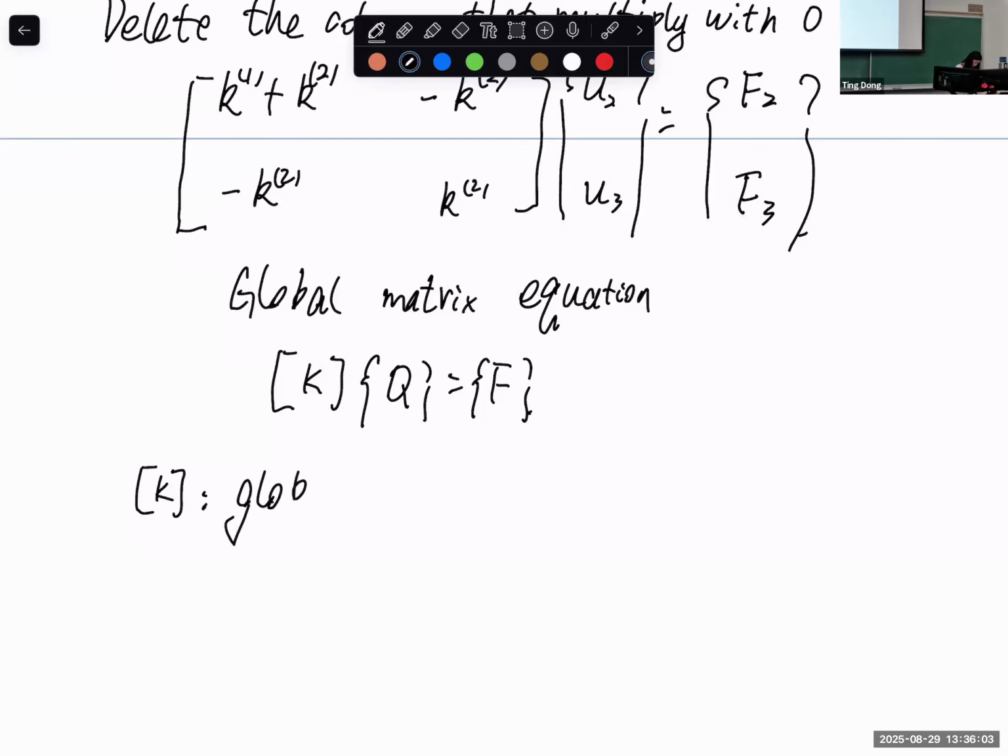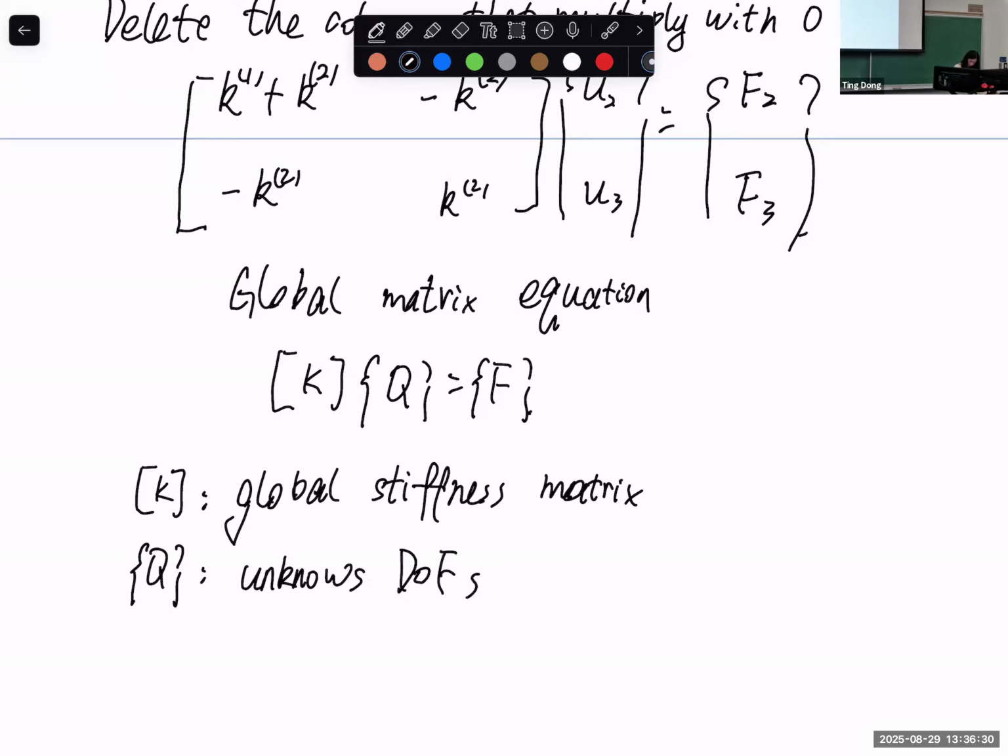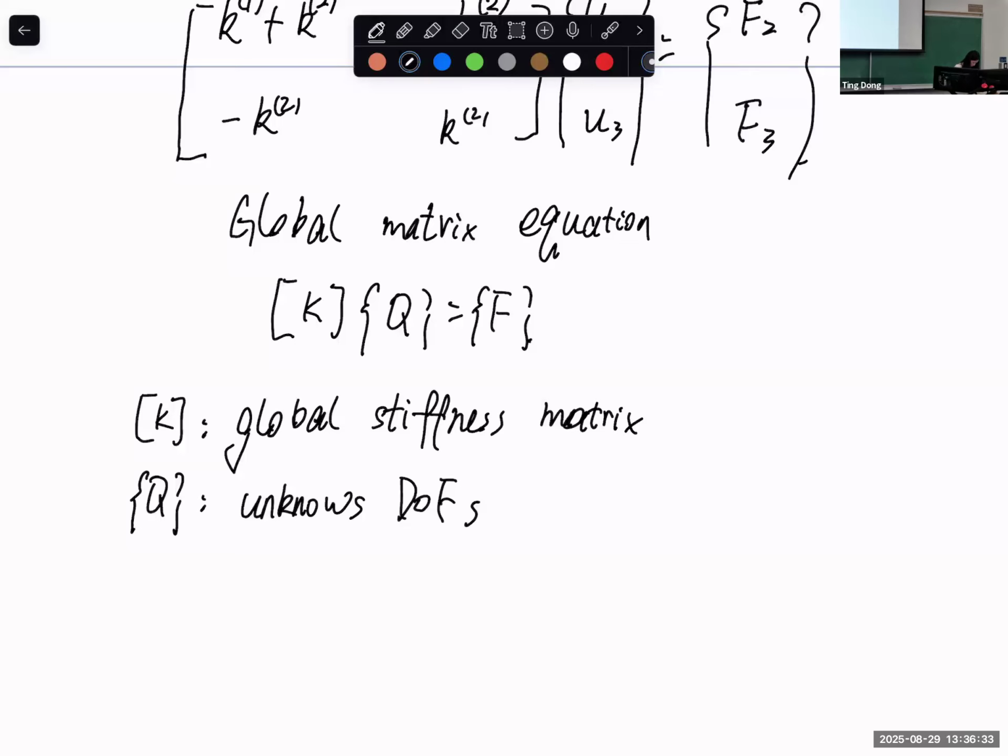K is the global stiffness matrix, Q is the unknown degrees of freedom, and F is the external force vector.